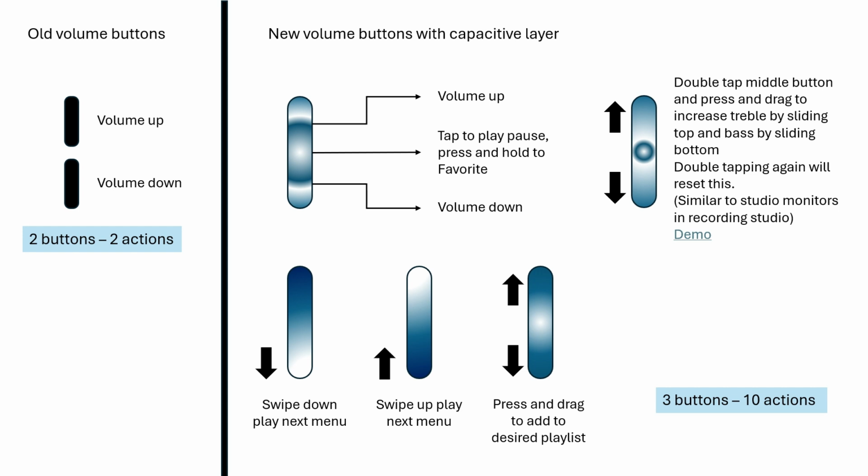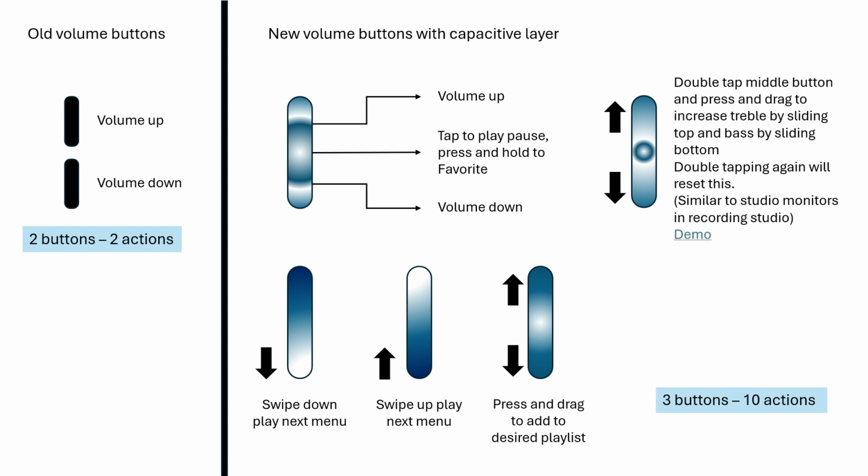This is just the overview of everything, and a comparison of what changes from the old volume buttons that would have two buttons and two actions, and this would be three buttons. I mean, technically four if you count the whole button itself, but you get 10 actions out of it.